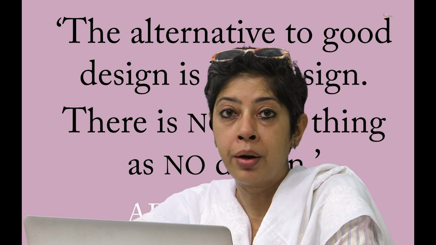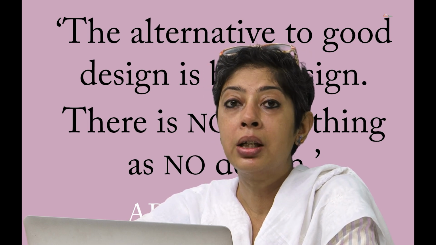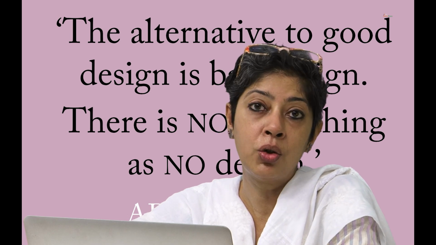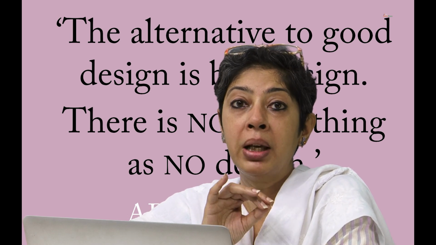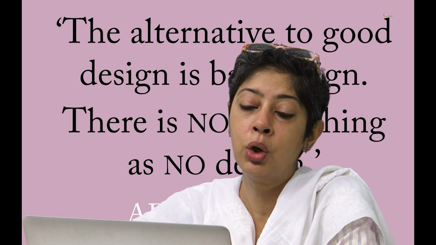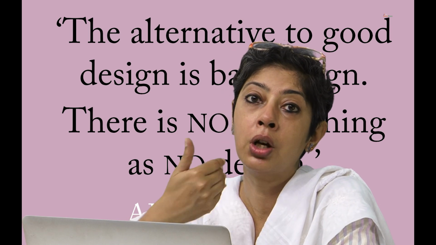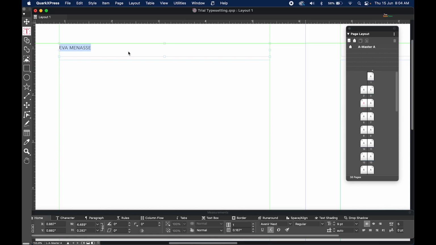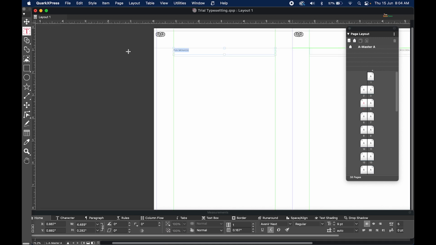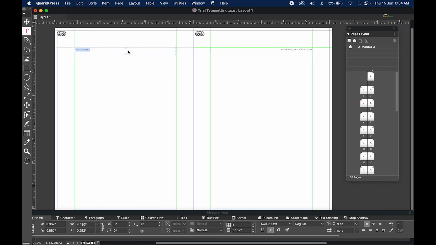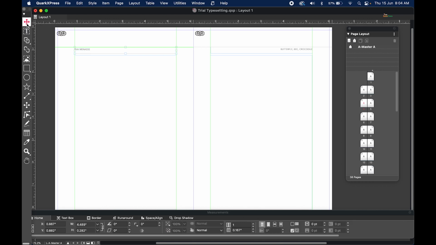If you are worried that it's too small, instead of changing it on every page, I would recommend you come again to your master page and change it in this one place, and it will change throughout the document. Having done the running head, you can always change the typeface and the type size, and the running head on the left page is taken care of.